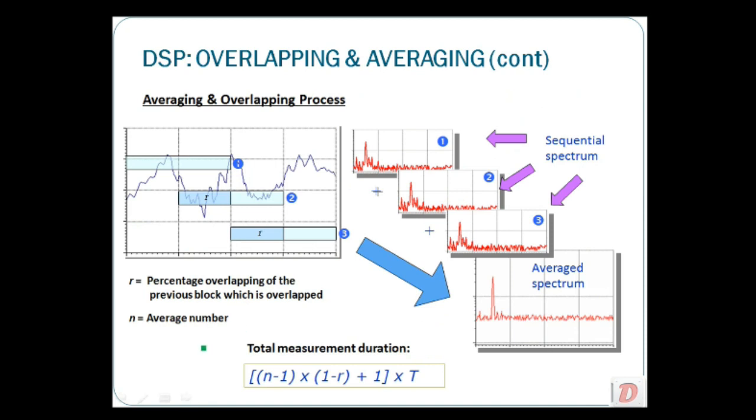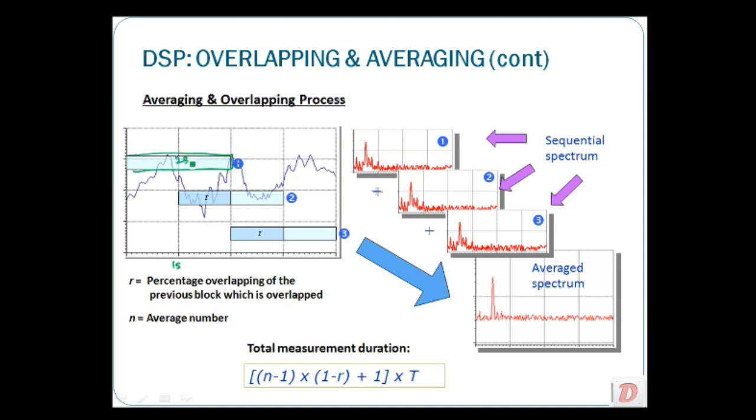Finally, if you have overlapping and averaging together, like I have mentioned to you, if you are sharing half of the record, then instead of taking 3 blocks, let's say this is 1 second, and one block needs 2 seconds.